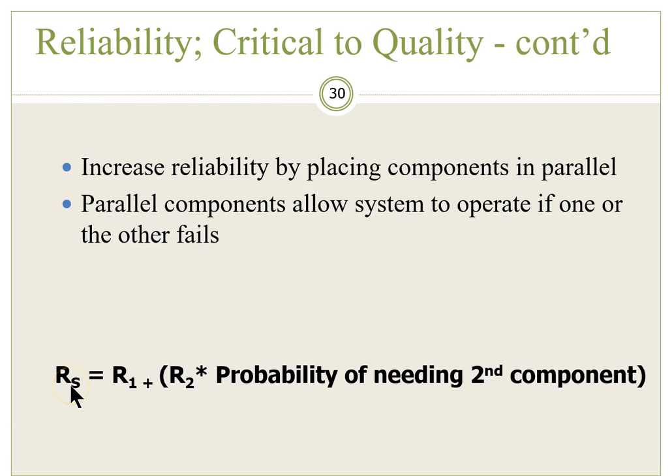So the reliability of the system must be equal to the reliability of the first part plus the reliability of the second times the probability of needing that second component.